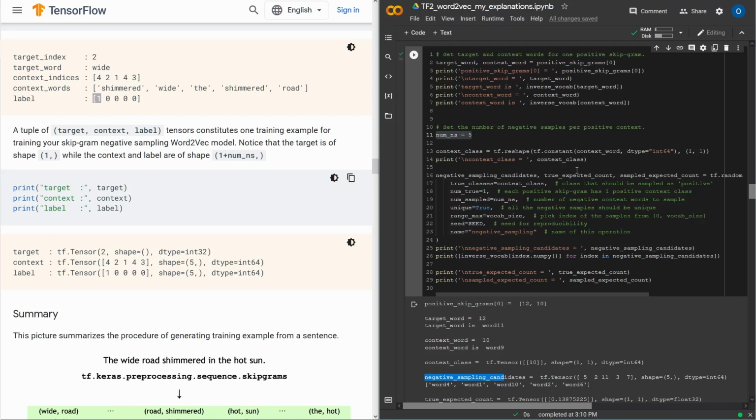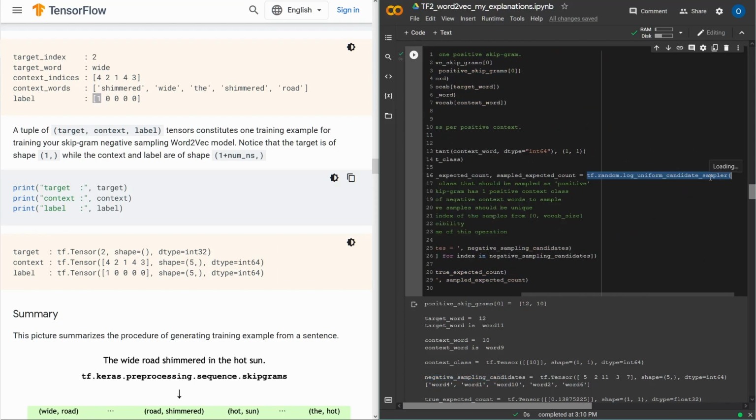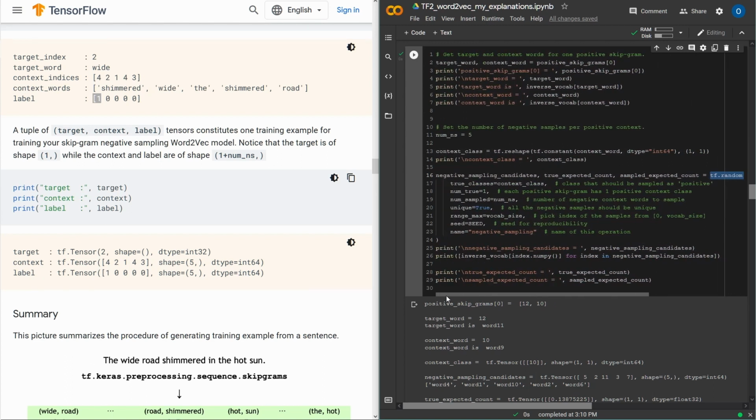But of course, as I told you, our TF random uniform candidate sampler has no idea about the positive pairs. So it just takes a class, and this is our vocabulary size, and it just samples randomly given a probability distribution that is not here. Because I have one sentence and just 20 words, and this function does not have any indication what is the positive skipgram that it should not label as a negative sample at the same time.